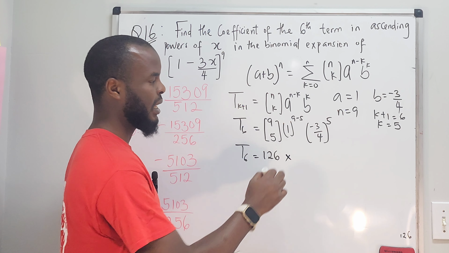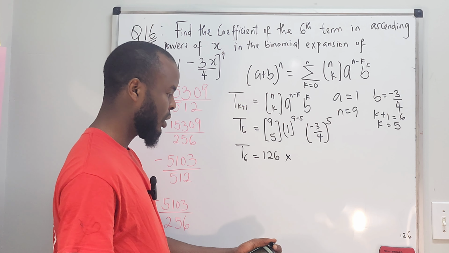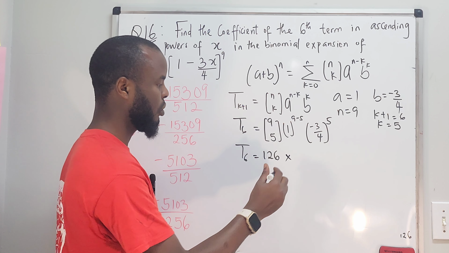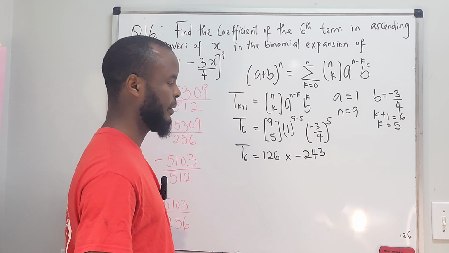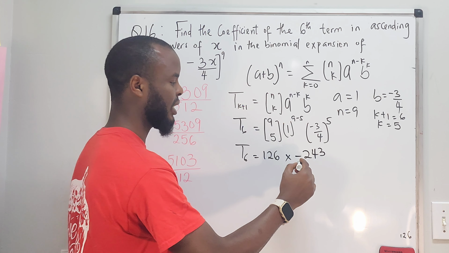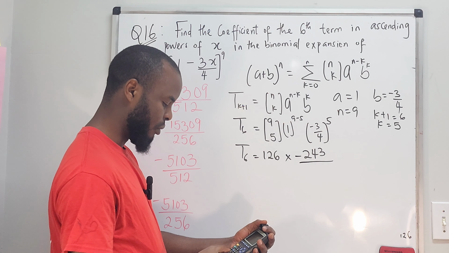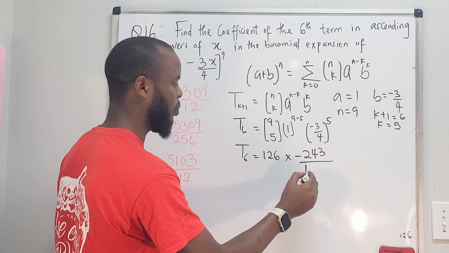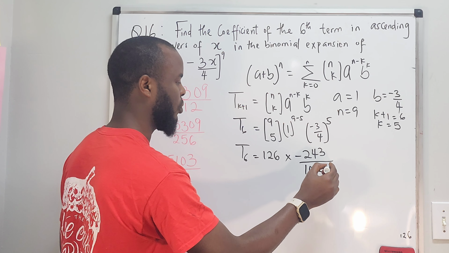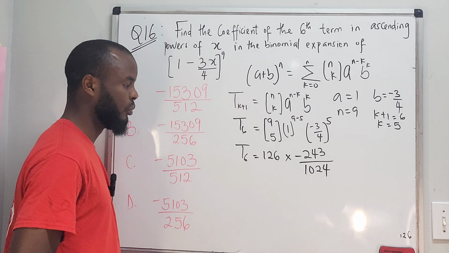Times negative 3 to the power of 5. 3 to the power of 5 is going to be 243. Don't forget the negative sign is going to be maintained. 4 to the power of 5 is 1024. So this is what we've got.